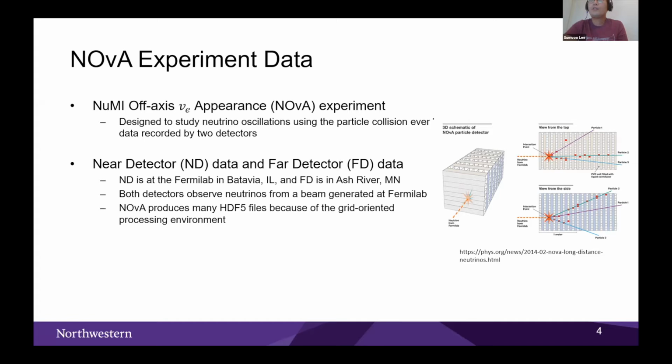The figures on the right side show how it works. A beam of neutrinos is generated at Fermilab, the beam goes through the detectors, and some properties are recorded at the detector side, resulting in a large number of HDF5 files.